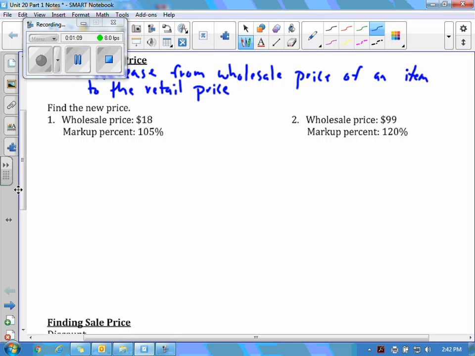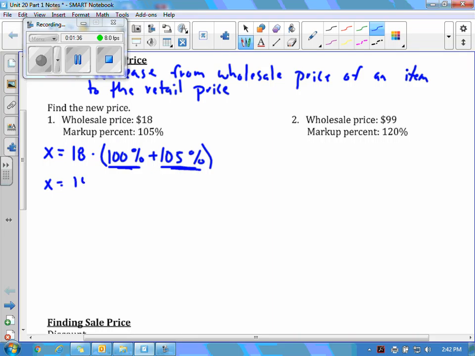So our new price, which I'm going to call X, is going to equal our wholesale price times 100% plus our markup, or sorry, our markup percent of 105%. So again, what we mean by this 100% is our original 18. 105% is what we're adding to that, or the actual markup itself.